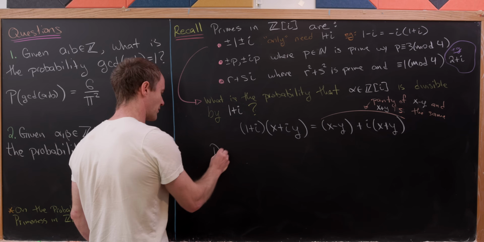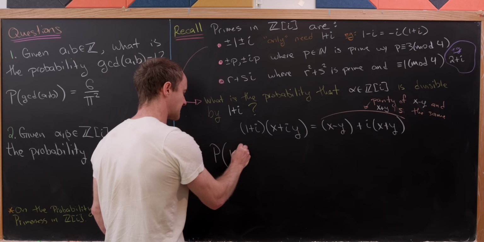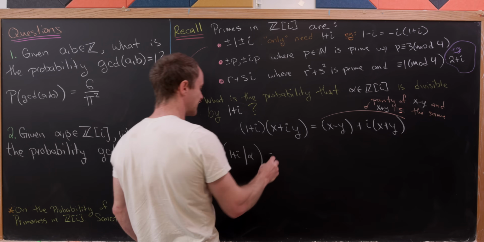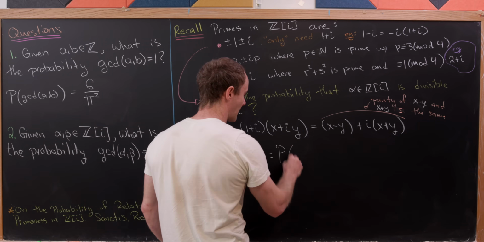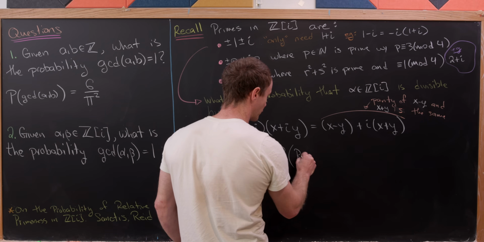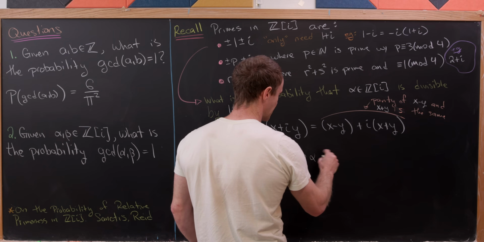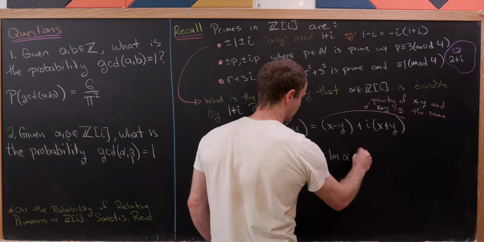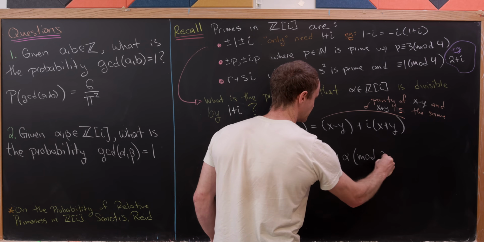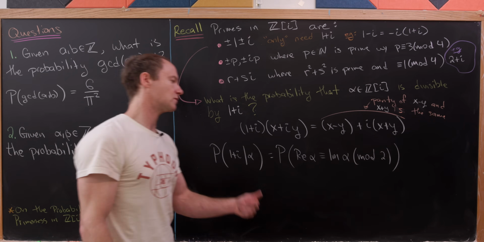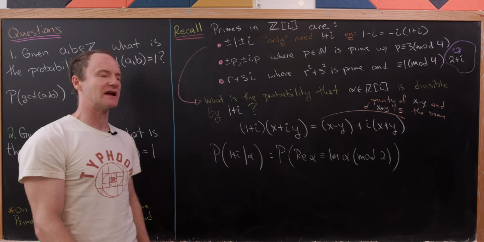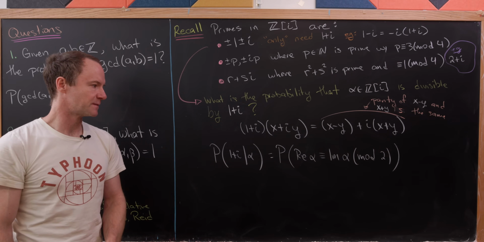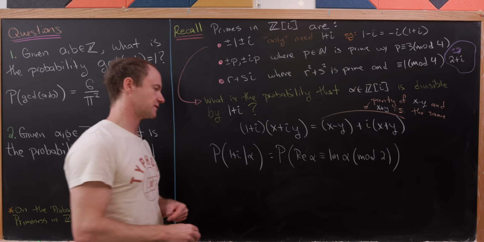So we've got the probability that 1 plus i divides alpha is equal to the probability that the real part of alpha is equivalent to the imaginary part of alpha modulo 2. That's just a fancy way of saying that the parity is the same. So we can calculate this as follows.